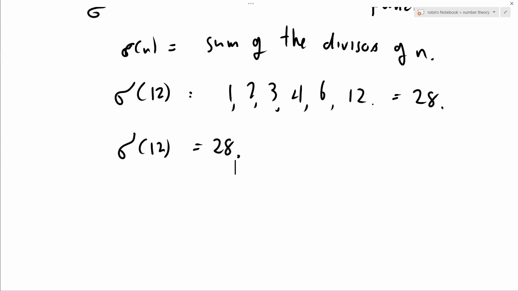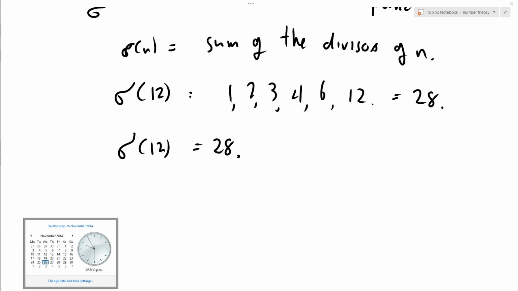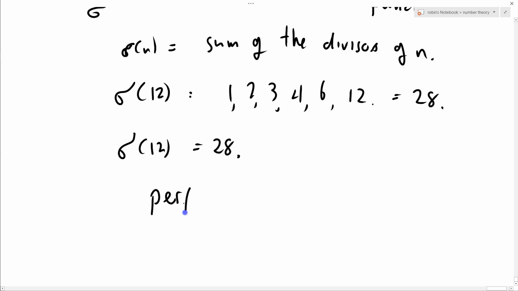Before I start going on about this, I'm just going to make the observation that a perfect number is one where sigma of n equals 2n.